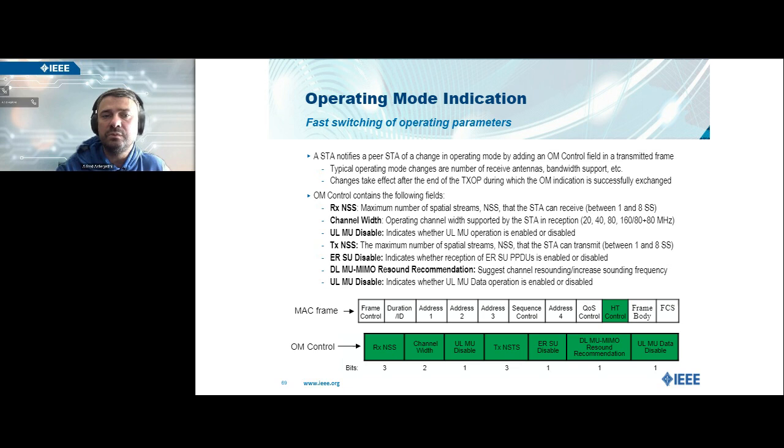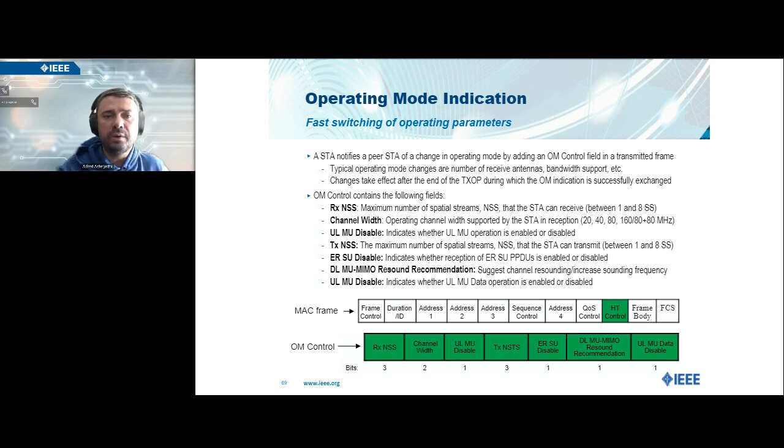Say, for example, that the transmitter is using it more than necessary. If the transmitter is very near to you and keeps using extended range single user PPDUs as opposed to using high efficiency PPDUs, then the receiver can tell the transmitter, okay, I'm disabling extended range SU, so go use high efficiency PPDU formats.